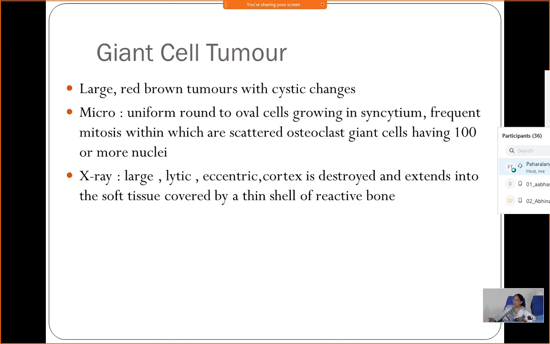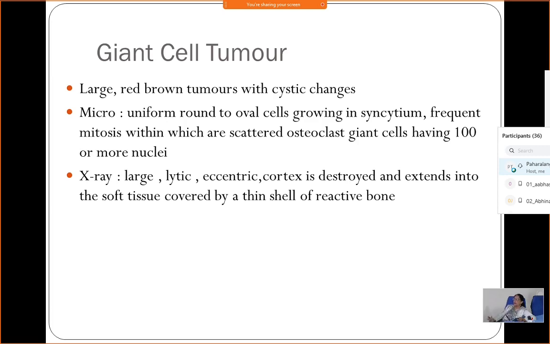Actually it is the round oval cells in the background that are the tumor cells. Osteoclastic giant cells are considered to be a reactive population of cells. These round to oval cells will show frequent mitosis, and based on how much mitosis and if there is any metastasis, we decide this tumor is malignant.